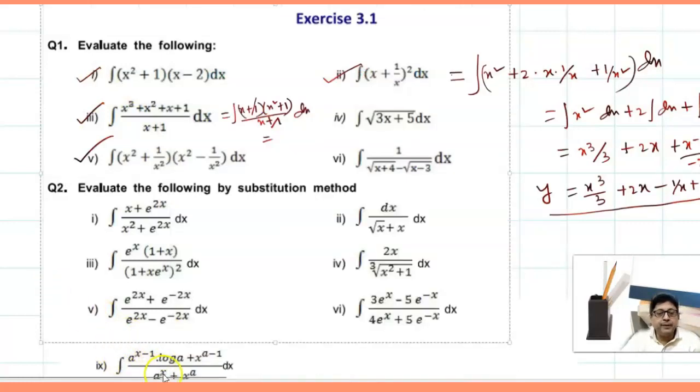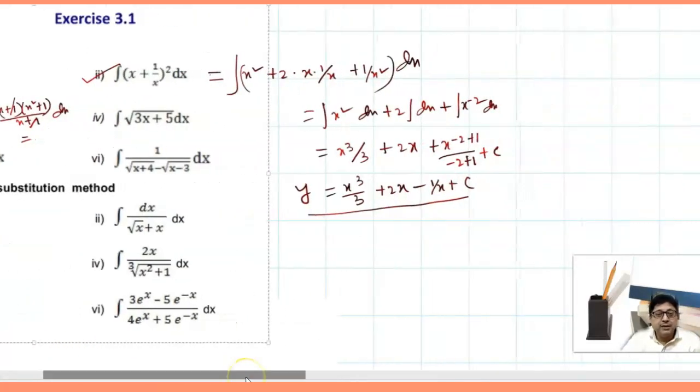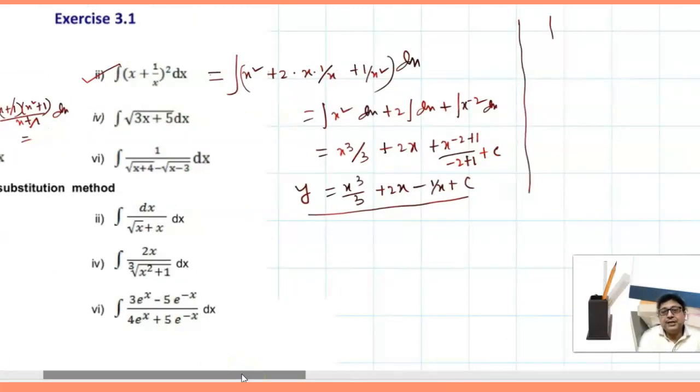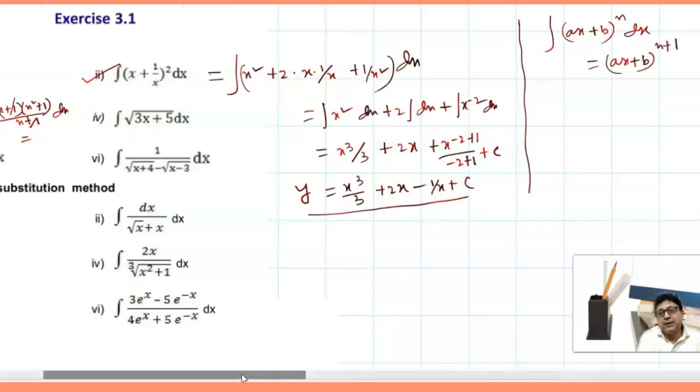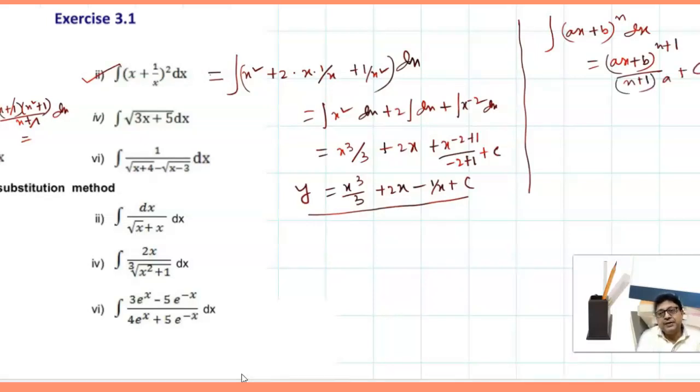Some people are very smart, they remember the formula for this. There is no problem if you remember it as an additional formula: the integral of (ax + b) to the power n dx is (ax + b) to the power n + 1 by (n + 1) into a. It is done.